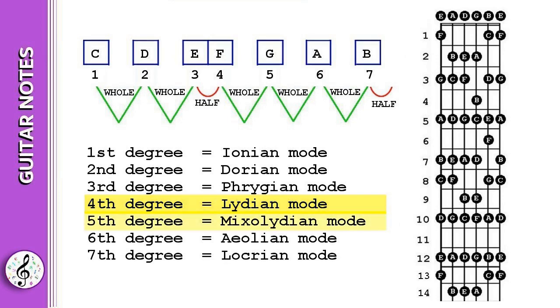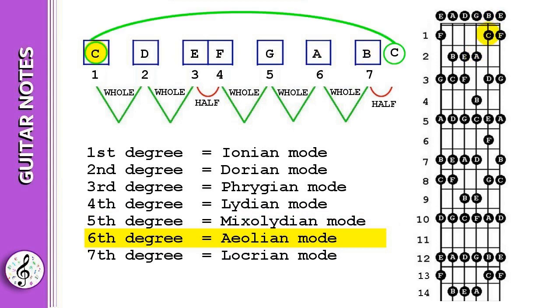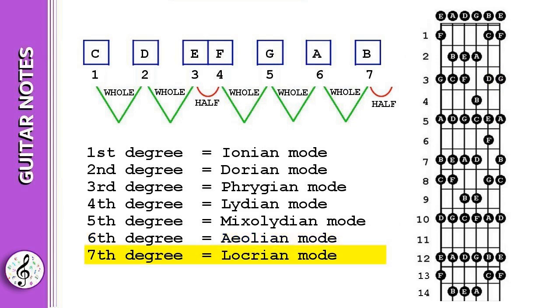If you start on the fifth note, it is Mixolydian mode. If you start on the sixth note, it's an Aeolian mode. And if you start on the seventh note, it is a Locrian mode.